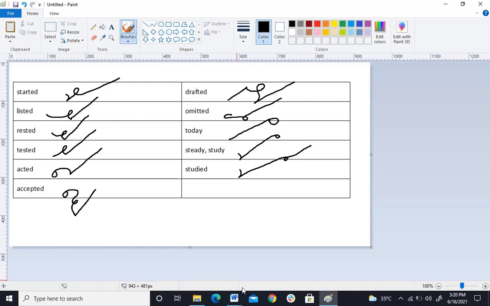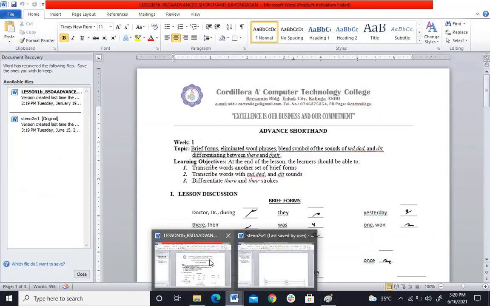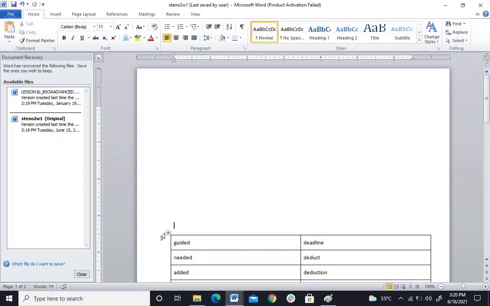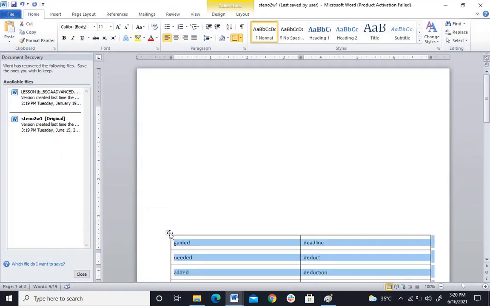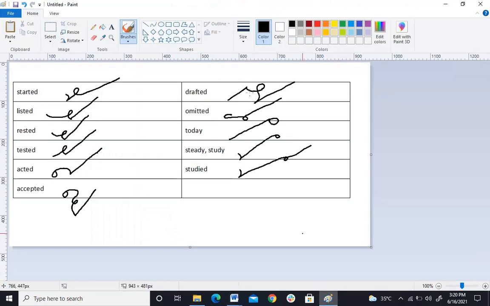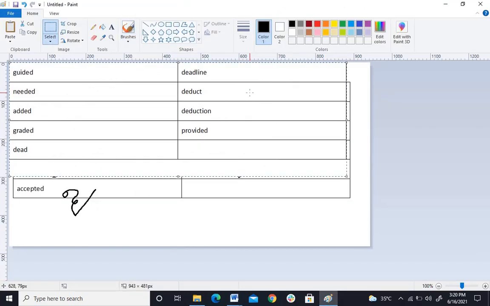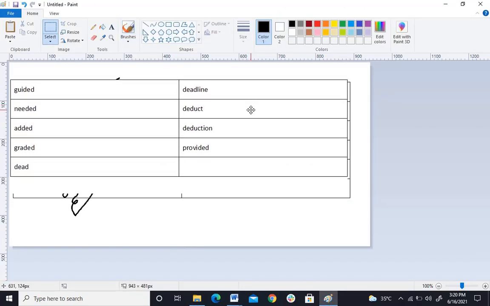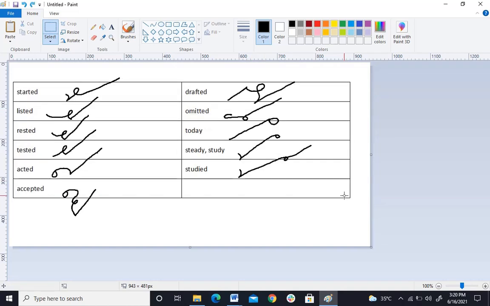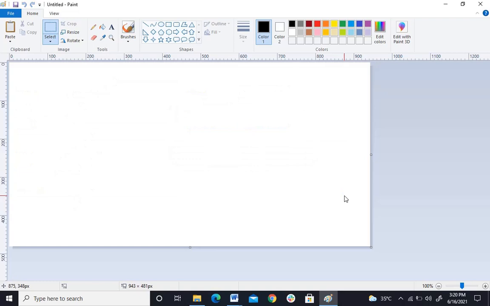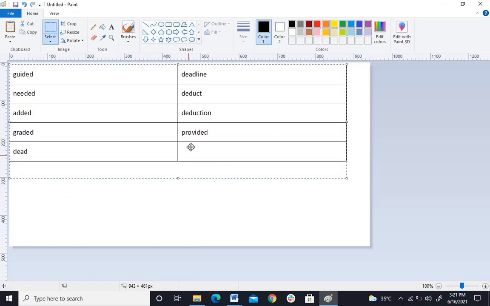Now, let's move on to our next set of words. Ito yung mga dead words naman. Dead. Okay, so we have the dead words. Yan. So, we have guided.